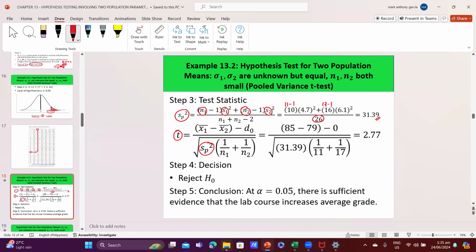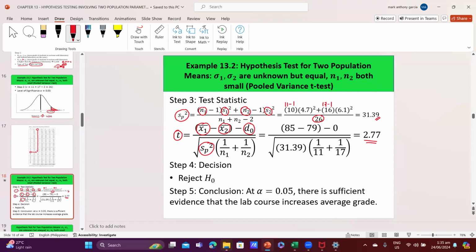And then if we plug in the necessary values, we get 2.77. Recall that the sample mean of the first group is 85, the sample mean of the second group is 79, and our hypothesized difference is 0.